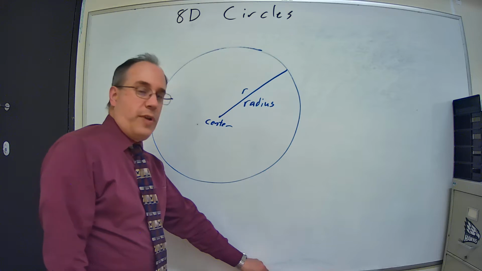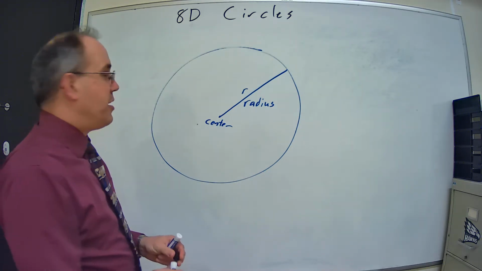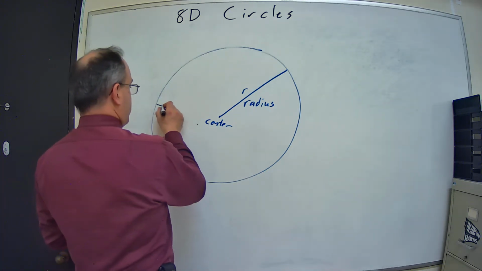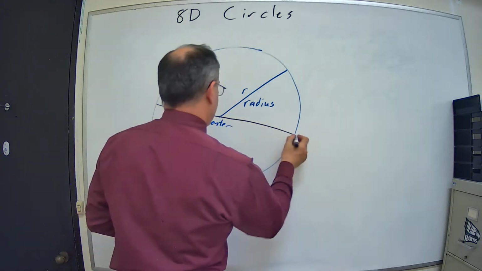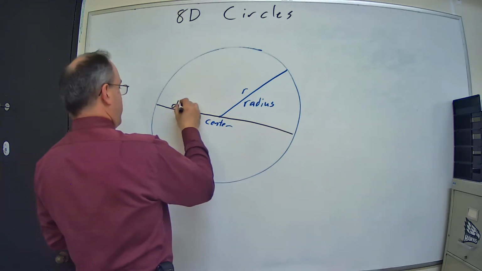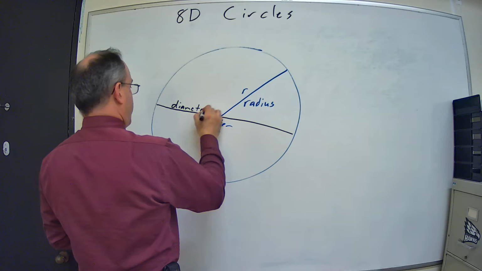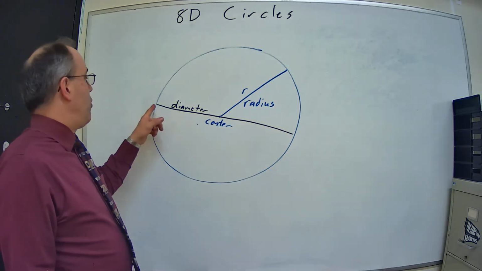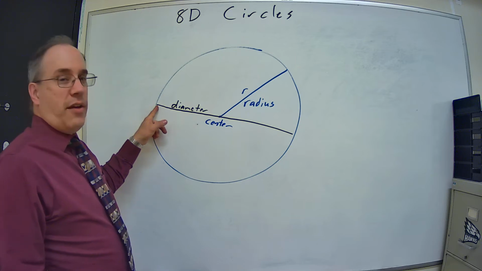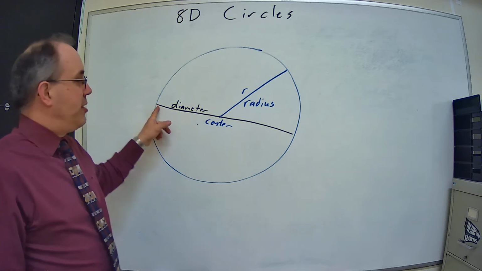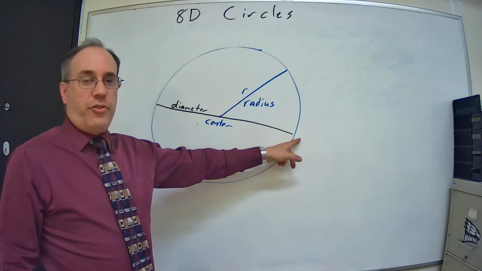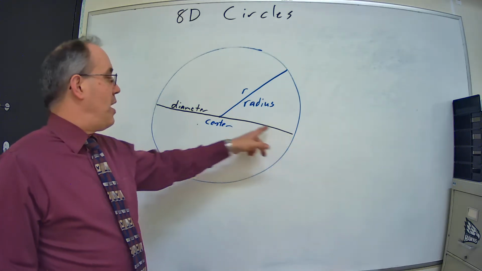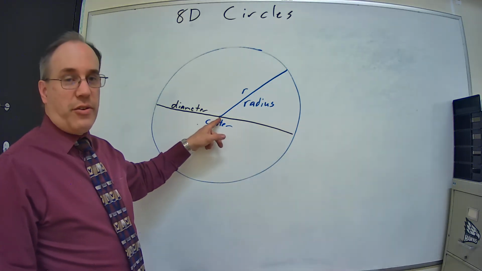Another measurement which we have on this is the diameter. The diameter is the distance from one point on the circle to another point on the circle when the line passes through the center.